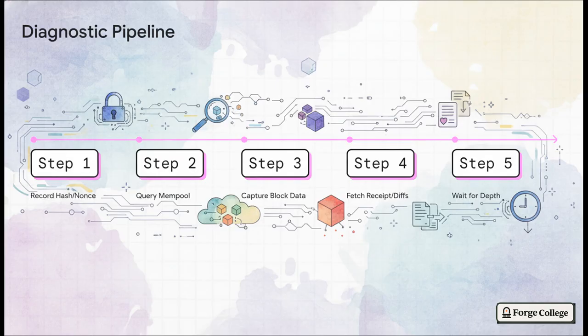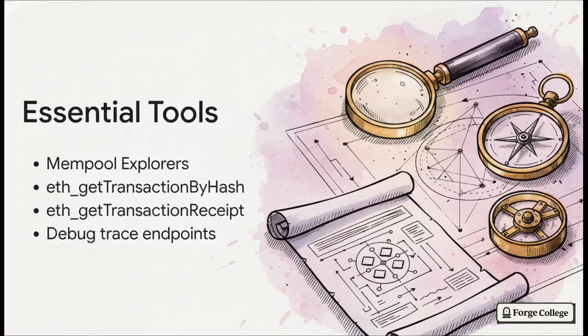You can prove exactly when and where your account fields mutated. It takes all the frustrating guesswork out of debugging. To pull this off, you'll use tools like public mempool explorers, specific RPC endpoints like eth_getTransactionByHash, and debug trace endpoints. By querying these specific technical endpoints, you generate the concrete, annotated notes needed to prove your transaction's journey from an offline intent to a permanent on-chain reality.